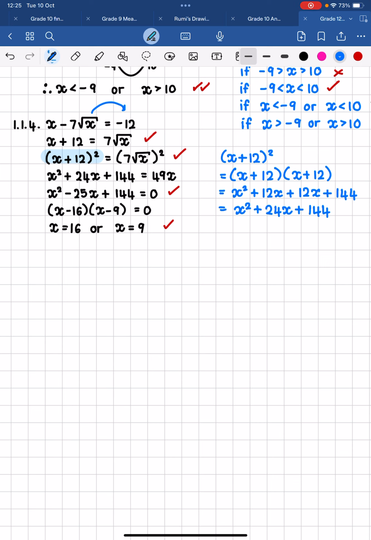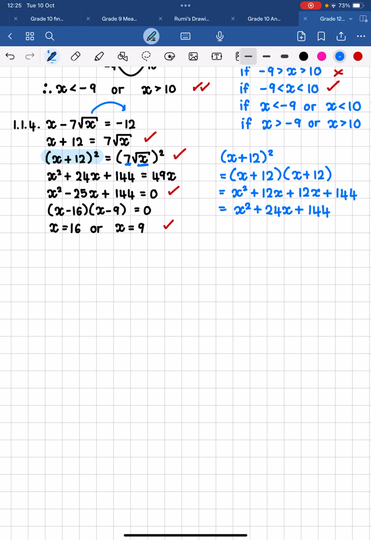Okay, so you have to multiply that out. When you square the 7 root x, guys, you have to square the 7 and then the square root of x. So 7 squared is 49, and the square root of x, when you square it, is just x. Right? The square root and the square will cancel each other out.